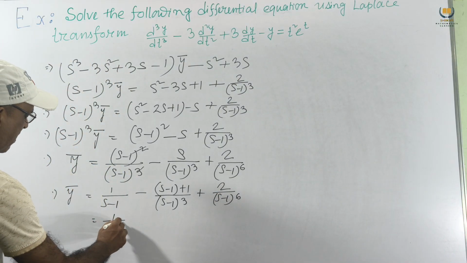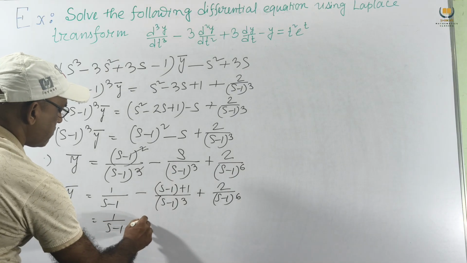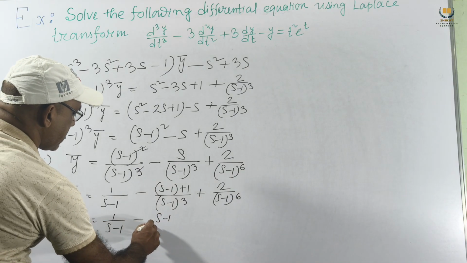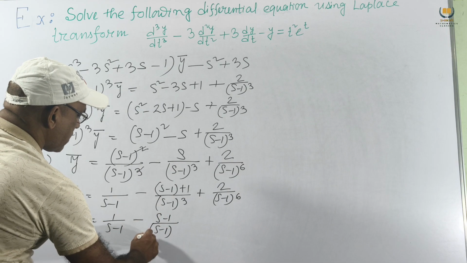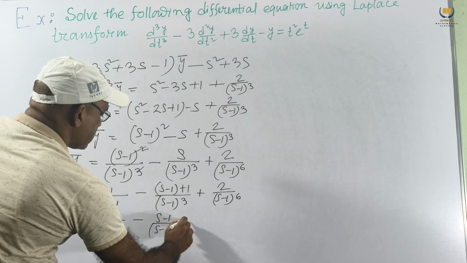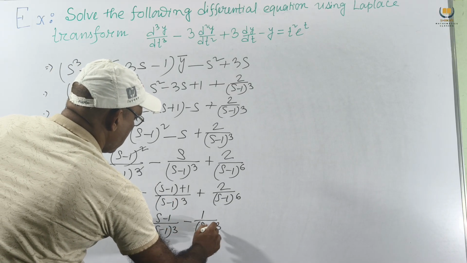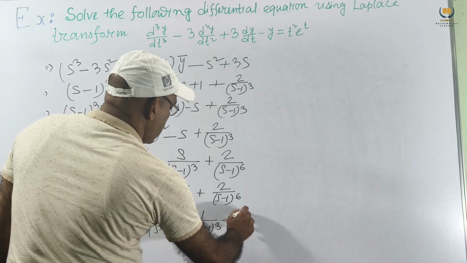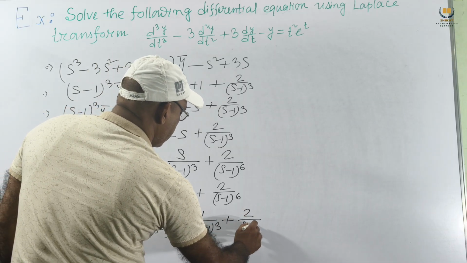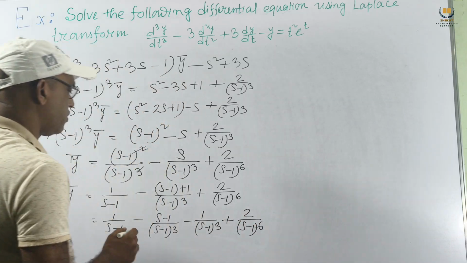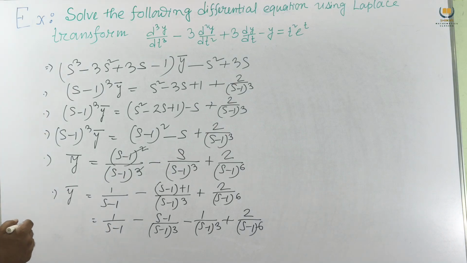This is 1 by s minus 1, and this will be s minus 1 by s minus 1 whole cube. This is minus 1 by s minus 1 whole cube, 2 by s minus 1 whole to the power 6.